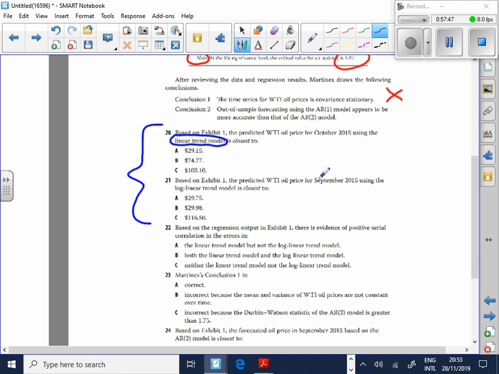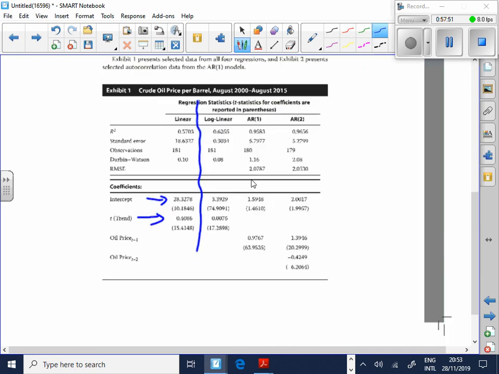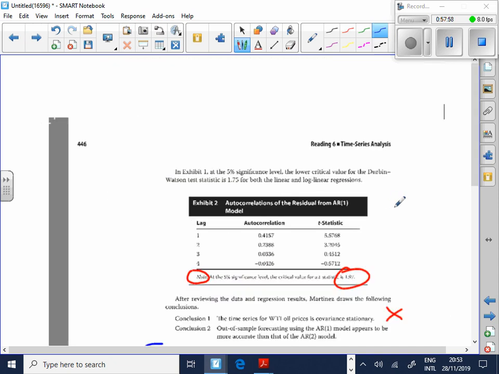So let's go back to Exhibit 1. Just before we carry on, guys, look at the top of page 446. It says, in Exhibit 1, at the 5% level of significance, the lower value on the Durbin-Watson is 1.75. You happy with that? Let's go back.